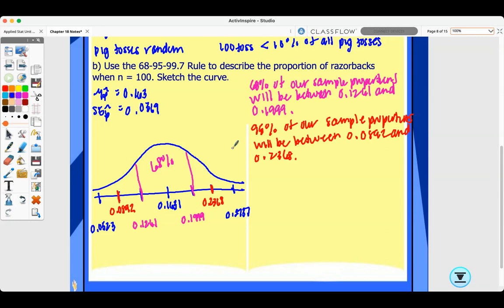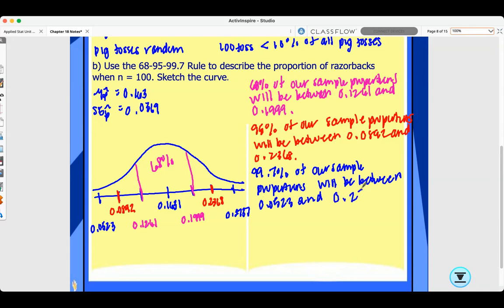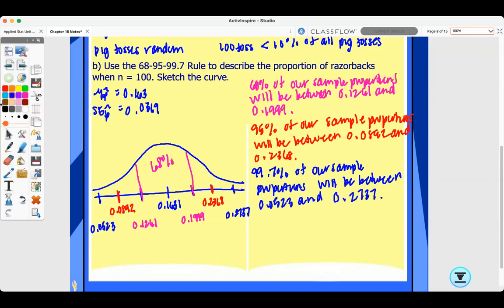And lastly, you can say 99.7% of our sample proportions will be between 0.0523 and 0.2737.